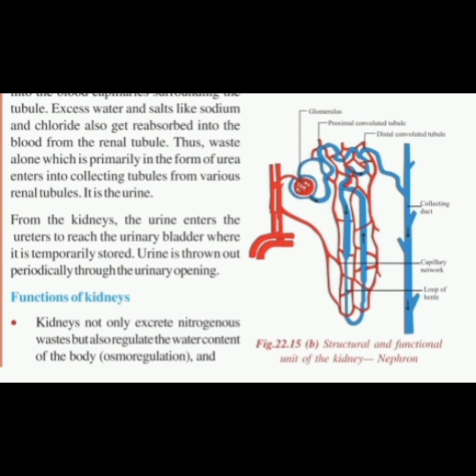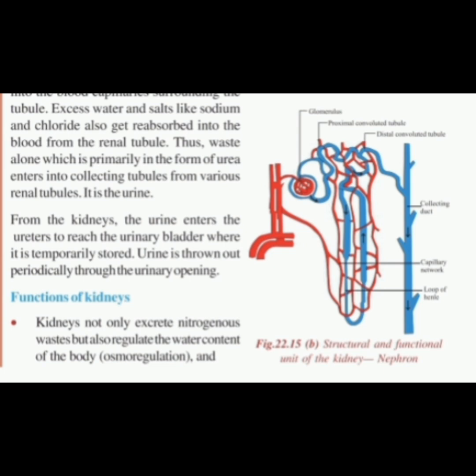Finally, when it enters the renal tube, it contains not only the waste but also useful substances. These useful substances are reabsorbed by the tubule, that is the PCT and DCT, and enter the blood capillaries surrounding the tubule.